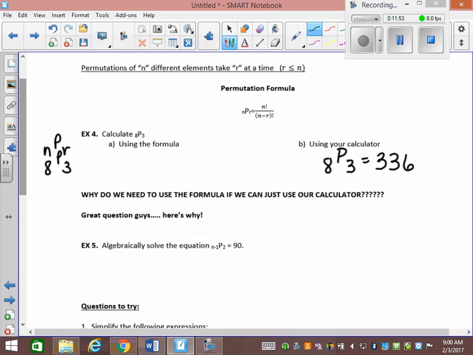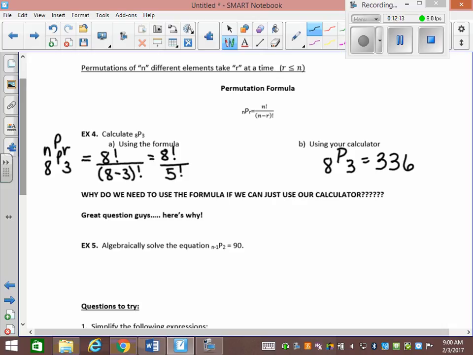So we get 8 factorial, because that's n, over 8 minus 3 factorial. So it's going to be 8 factorial over 5 factorial.